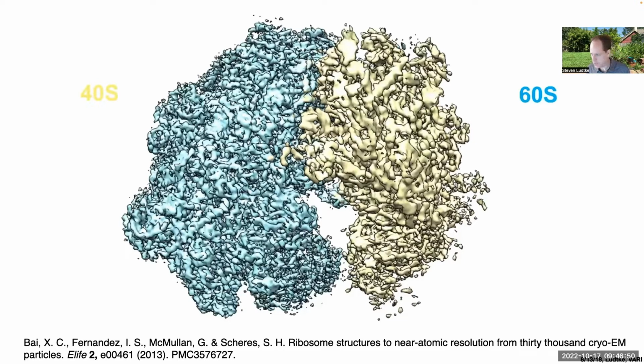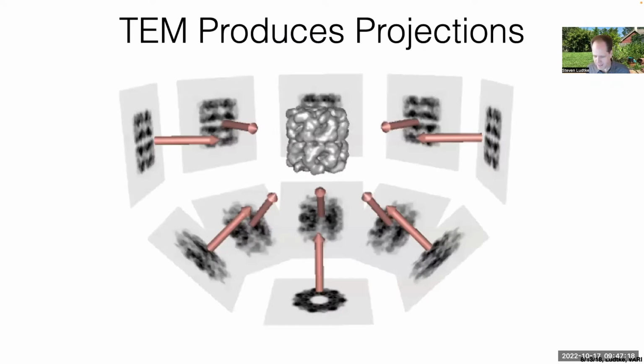This was actually the reconstruction which first led to Relion's popularity, because he managed to solve this high resolution ribosome structure using data collected in about a day, and then did the reconstruction over just a few days. So in a week, he had this high resolution ribosome structure, and the best ribosome structure that Joachim Frank had managed to produce in 20 years before that was at worse resolution than this. This was what really gained Relion its first attention in the field.